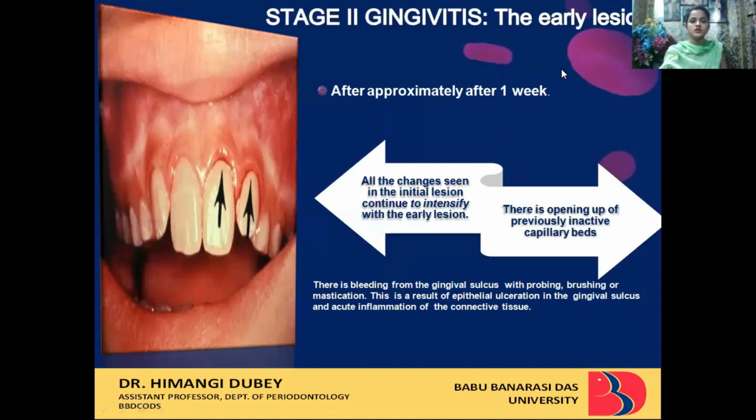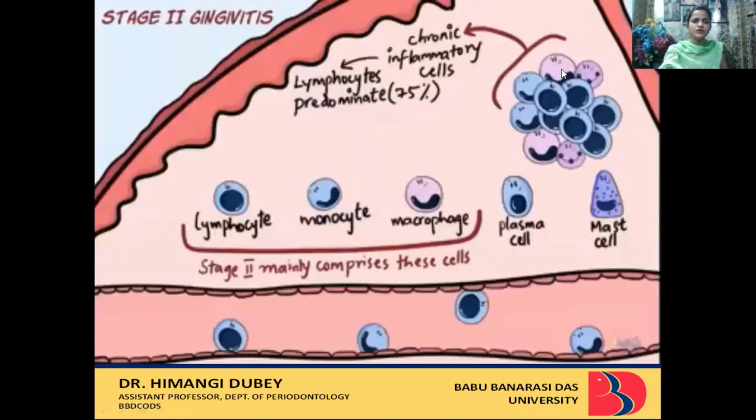Now, stage 2 of gingivitis may start within 4 to 7 days, and persisting inflammation leads to further recruitment of leukocytes like lymphocytes, monocytes, as well as macrophages, also present are plasma cells and mast cells. However, this stage is characterized by predominant accumulation of lymphocytes.